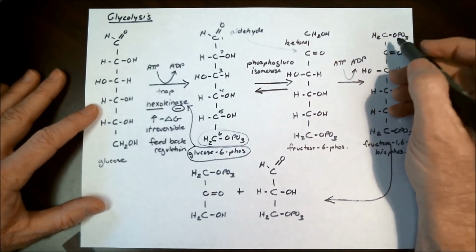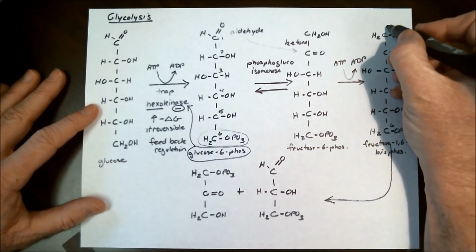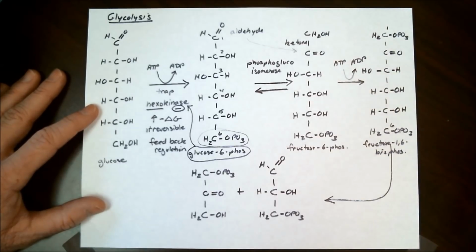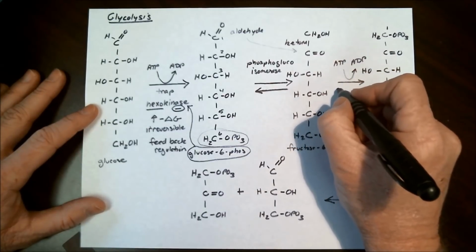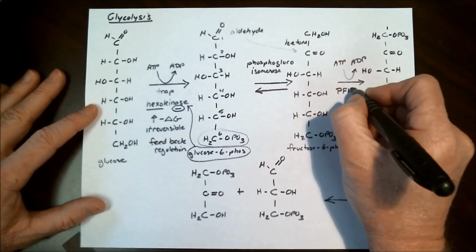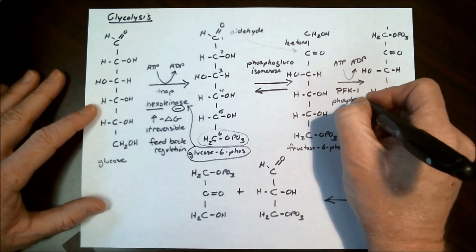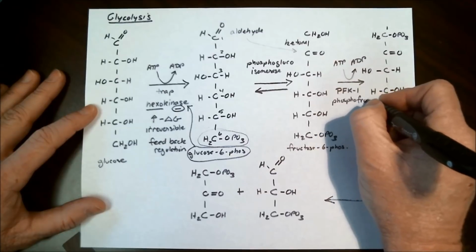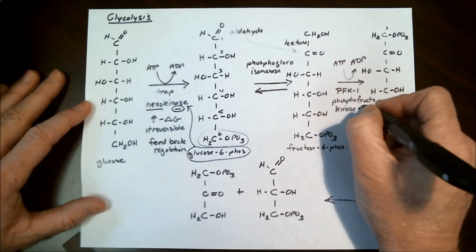So essentially what we've done is we've had our 6-phosphate here, and we've added a phosphate on the number 1 carbon. The enzyme that does this is PFK1, for phosphofructokinase 1.